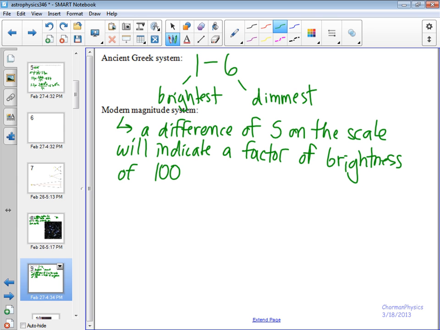So if you go up by 5, it's going to be dimmer by 100 times. If you go down by 5, it's going to be brighter by a factor of 100 times. So exactly how do we mean that?